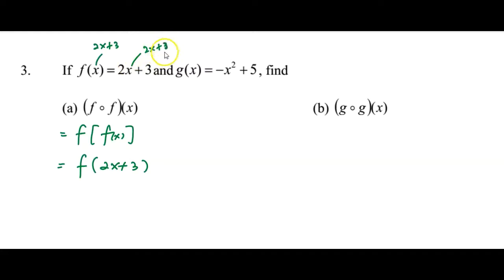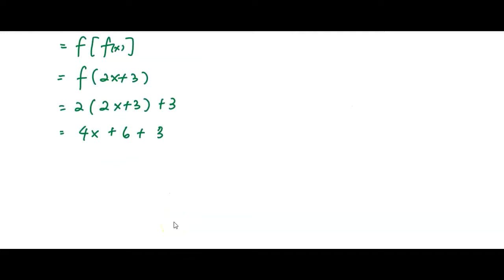So the x in this expression needs to be replaced by 2x plus 3. So you have 2 times the x, substituted as 2x plus 3, plus 3. Then after that, simplify and expand. You get 2 multiplied by 3, 6, plus 3. Then you will have the final answer 4x plus 9.